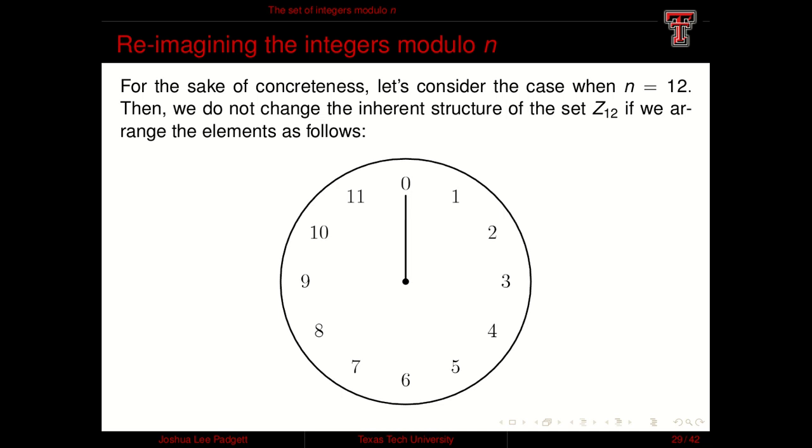Well, we would go 1, 2, 3, 4, 5, 6, 7, 8, 9, 10, 11, 12, 13, 14 spots around. But what we know from the definition is that 1 plus 14 is 15, and 15 divided by 12 has remainder 3.